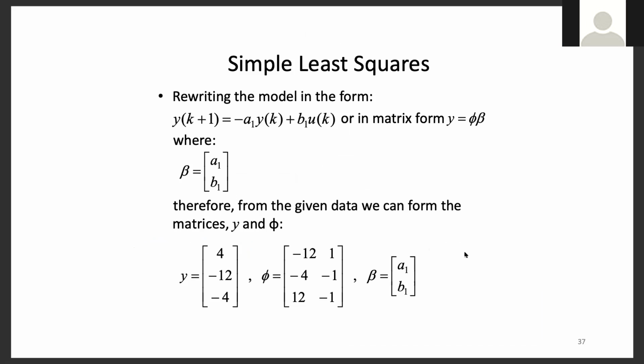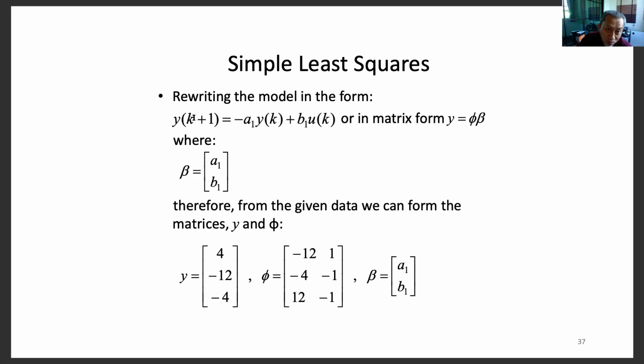Prof, why do we choose just 3? Why didn't we put y4 also? Because the length of the data is only 4. When we use k plus 1, when k is equal to 1, y2. When k is equal to 2, y3.